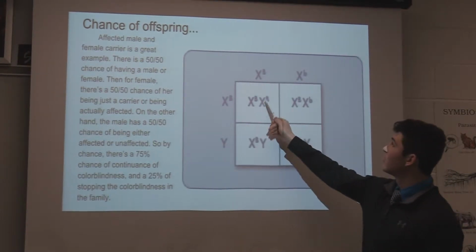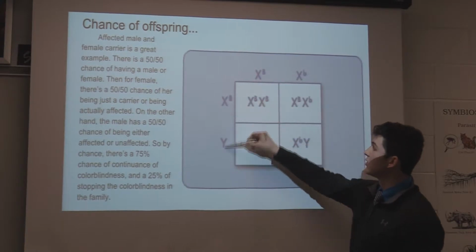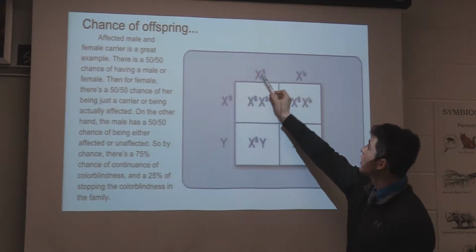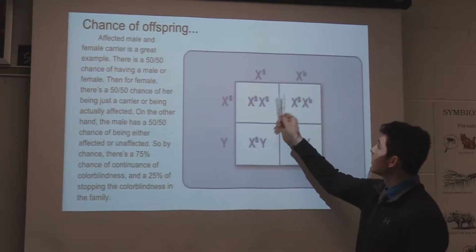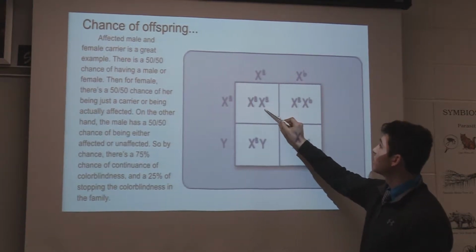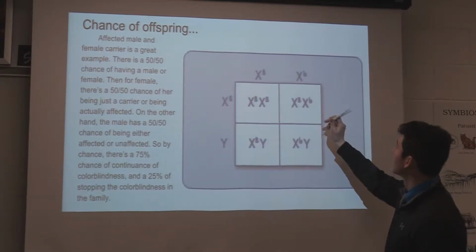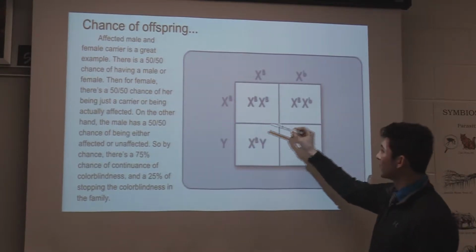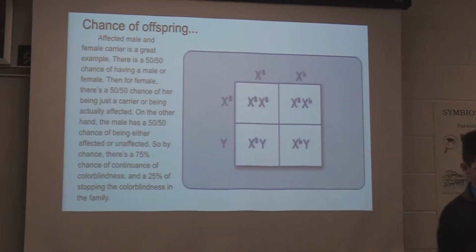Right here is an affected female. This is an affected father and a carrier female. They have a 25% chance of having an affected girl, 25% chance of having a carrier girl, 25% chance of having an affected boy and an unaffected boy.